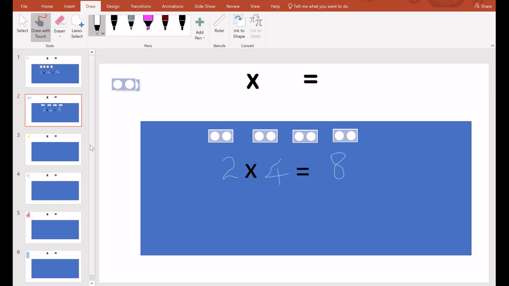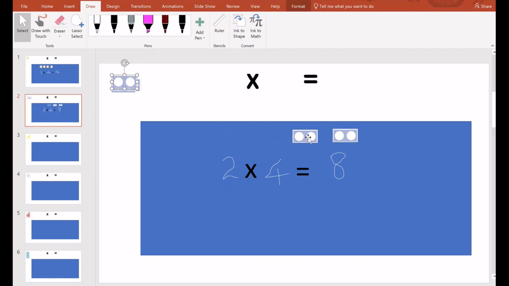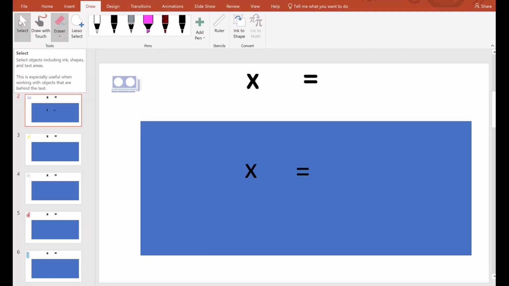Okay, now it's your turn. You need to find a piece of paper while I am just sorting this out. I am going to put some 2s up again, and this time I would like you to have a go at writing the number sentence. Have you got your paper?